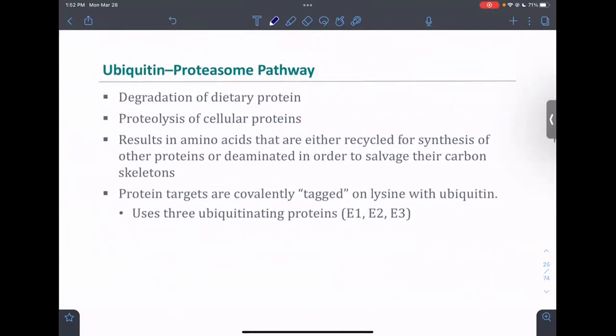Okay, so this applies to dietary proteins and cellular proteins, but it's just things that are intracellular. So from this, we're going to get amino acids that can either be recycled and used for something else, or they can be deaminated and we can keep their carbon skeleton as that alpha keto acid and then remove that nitrogen as a waste product, right?